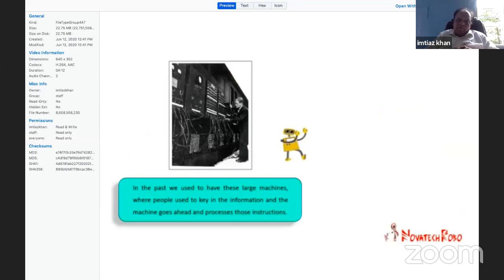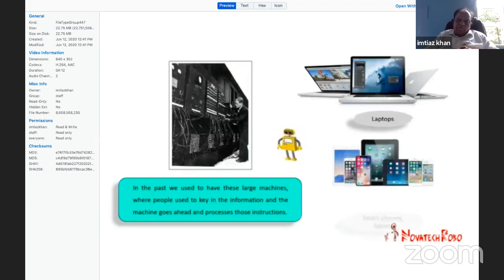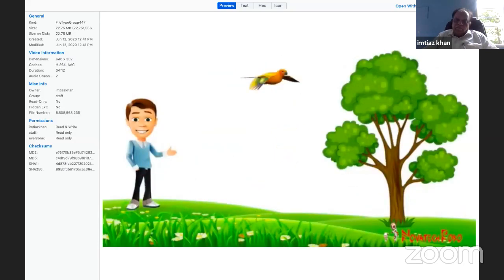Now, the good news is that these machines have gotten much smaller, like laptops, iPads, smartphones, and kids can use these iPads to play games, watch videos, essentially following your tap instructions, and these machines respond. So human beings were responsible for giving the direction to the machine in the past, but things have changed.